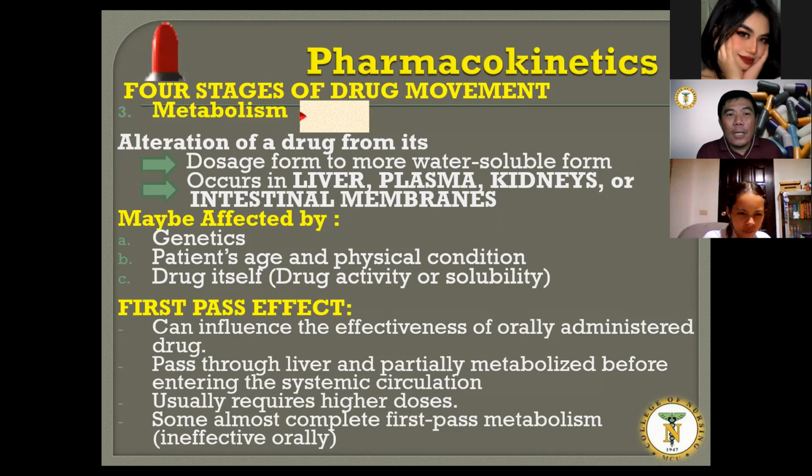Okay. Now, let us proceed with metabolism. Usually, there will be an alteration of the drug in the dosage form to become more water soluble. Okay, if we say water soluble, it could be easily absorbed. The good thing with fat soluble is that it is better carried and keeps its chemical property intact. Unlike water soluble, the more the drug travels, the greater the chances that the chemical property changes.